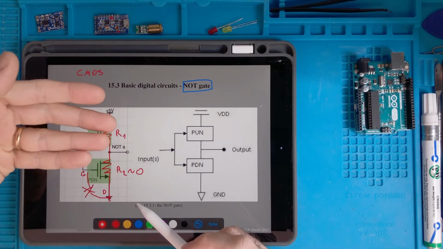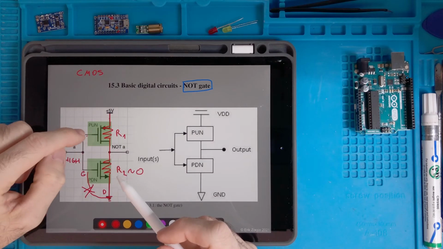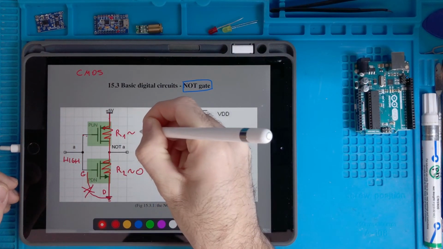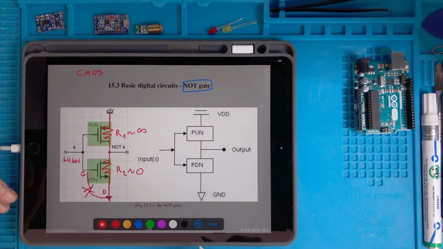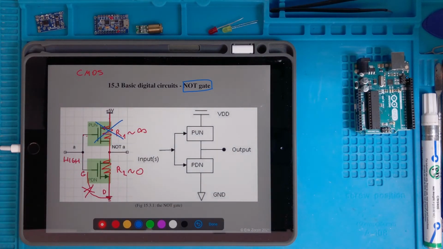Similarly, it works for the complementary part here. So when this is high, the gate of this is equal to the drain of this, and this resistor is kind of infinite, which for us means that it is as if it's not connected.